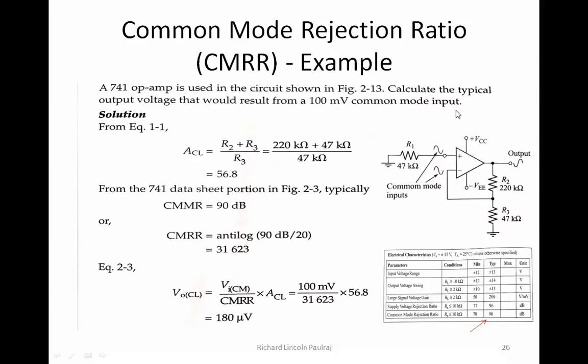So you should get an idea that we are talking about CMRR here, because it is referring to common mode input. That is one clue that you can take from the question. And what else is the question asking us? Calculate the output voltage that would result from 100 millivolts.